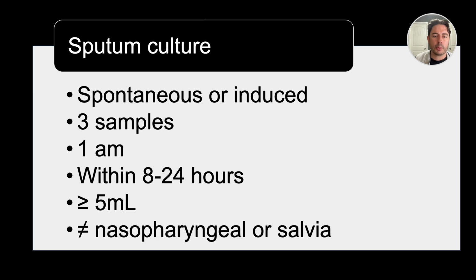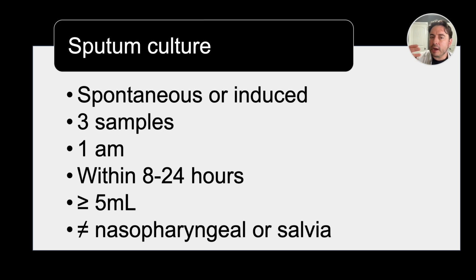When we do a sputum culture, we want to get 3 samples, and those samples need to come within 8 to 24 hours of each other. And I have 1 a.m. here as a bullet point. I don't want you to get a sputum culture at 1 a.m. No. What I'm saying there is one of the 3 samples needs to be acquired in the morning after they wake up.